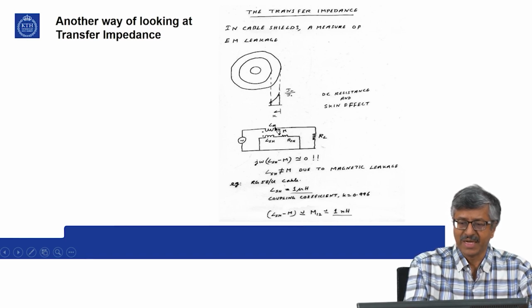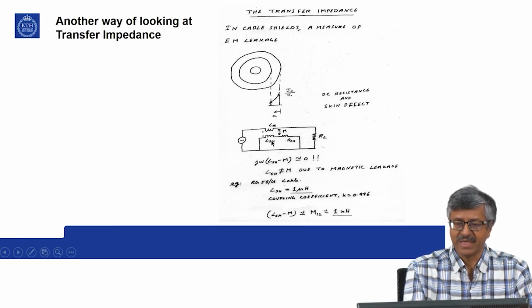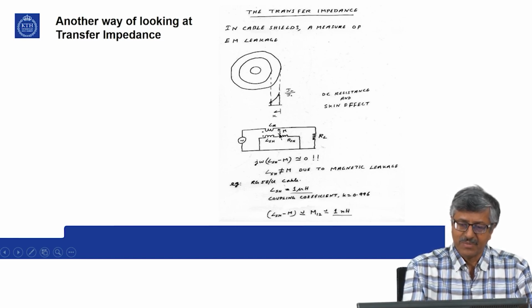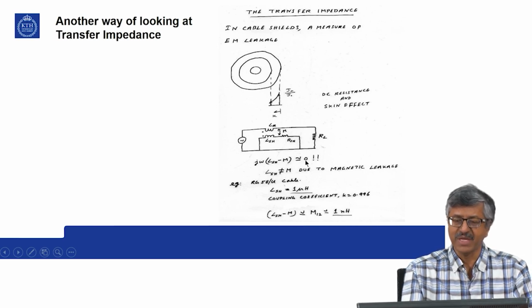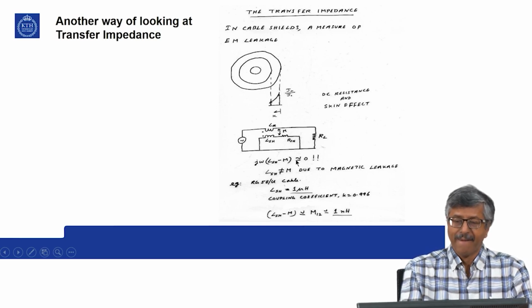This is the inner conductor and this is the shield. The shield has shield resistance and shield inductance. We have seen that there is a mutual inductance, previously called LRS or something, between receptor and the shield, and previously we assumed that they are almost equal to 0, but in reality it will not be 0.